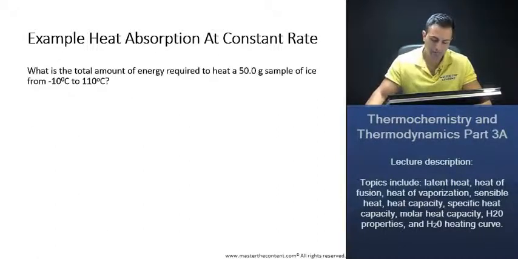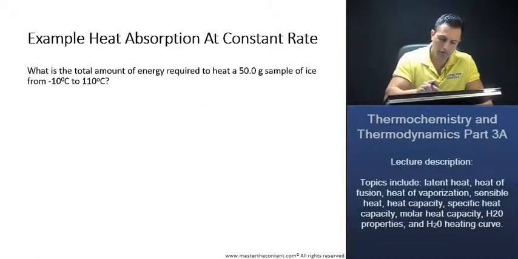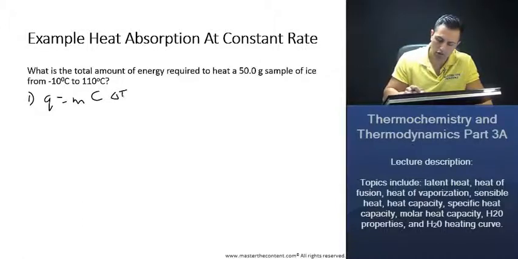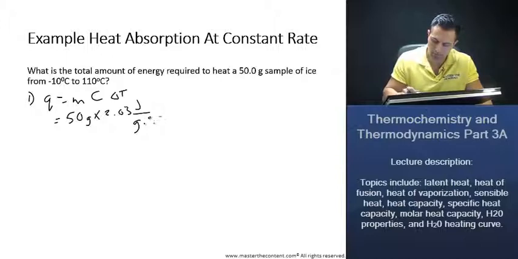Wonderful. Okay, for the first step, we can just use the energy equation that was given to us, where it's just the mass times the specific heat and the change in temperature. The mass we have here is 50 grams, and the specific heat that was given to us was 2.03 joules per gram degrees Celsius.